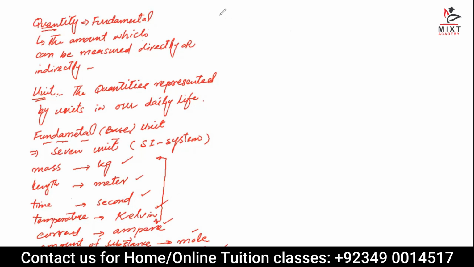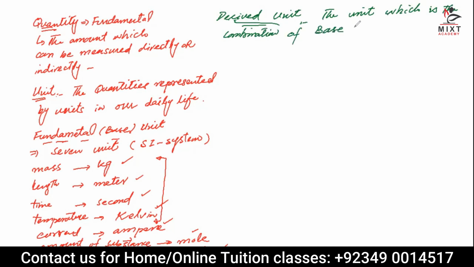Now, the units other than these are called derived units. What are derived units? The units which are a combination of base units are called derived units. One example in your course is force.